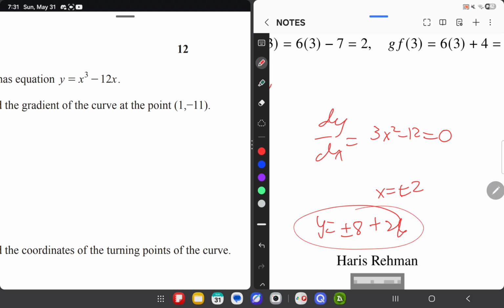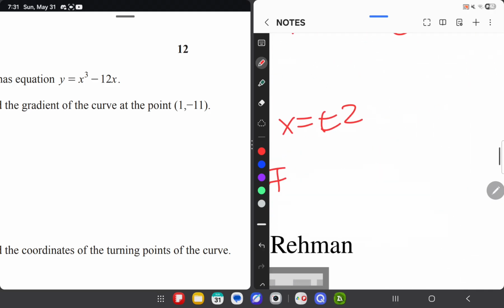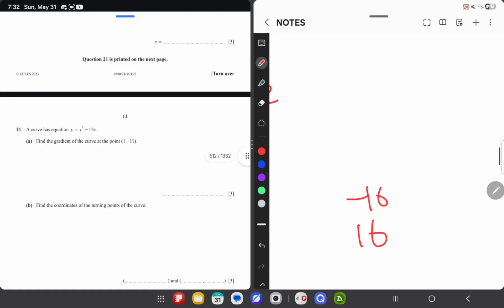Evaluate this all you want. So you get 8 plus 8 minus 24, which is negative 16, and negative 8 plus 24, which is positive 16. Voila. At 2, negative 2.